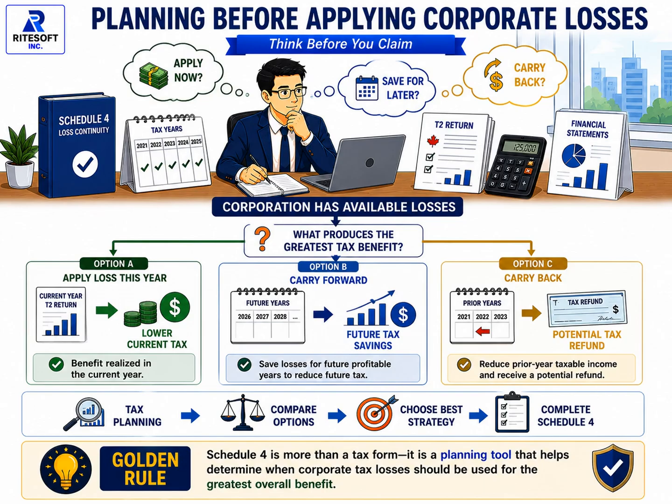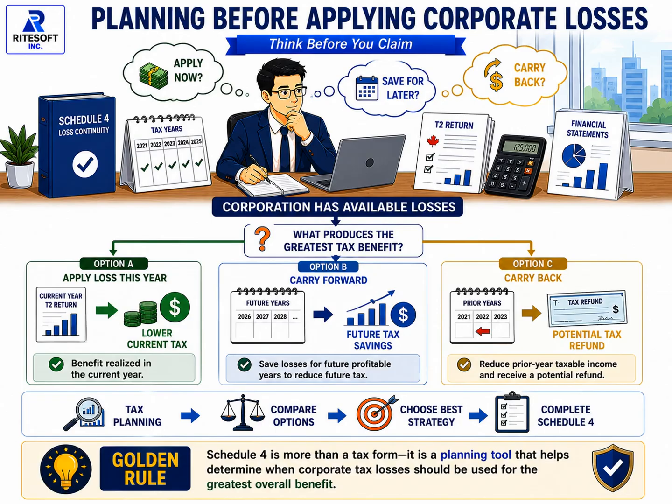Next, compare all available options, including applying the loss now, carrying it forward, or carrying it back if appropriate. Then evaluate which approach provides the greatest tax benefit based on the corporation's current and future circumstances. Finally, complete Schedule 4 using the strategy that has been selected.